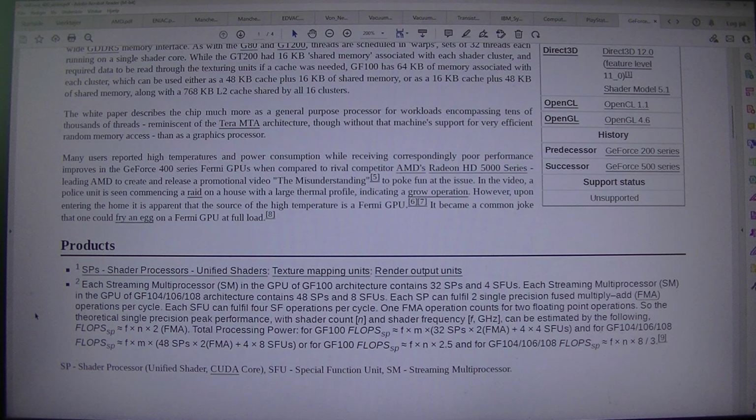SP, shader processor, unified shader, CUDA core; SFU, special function unit; SM, streaming multiprocessor.